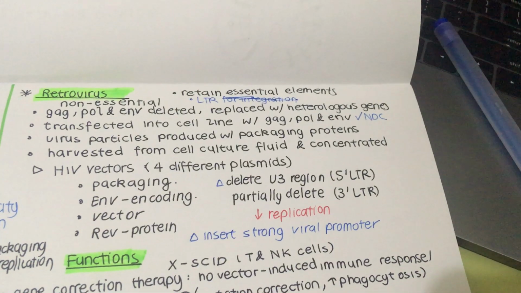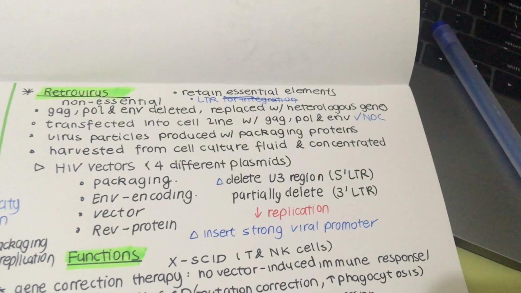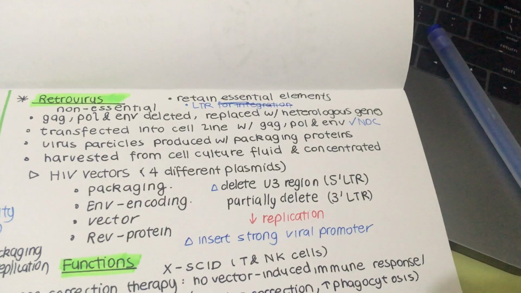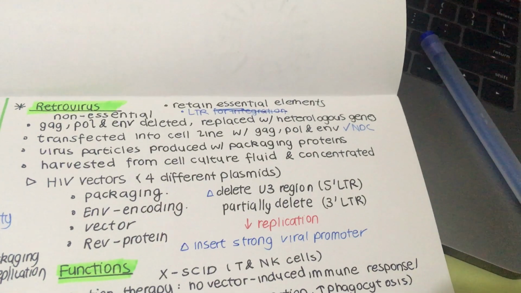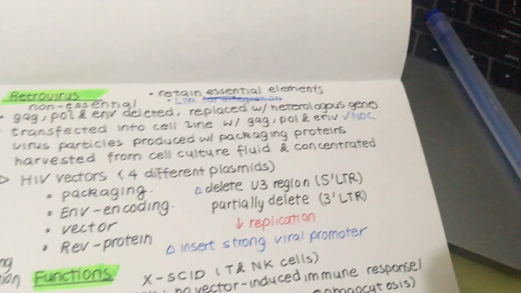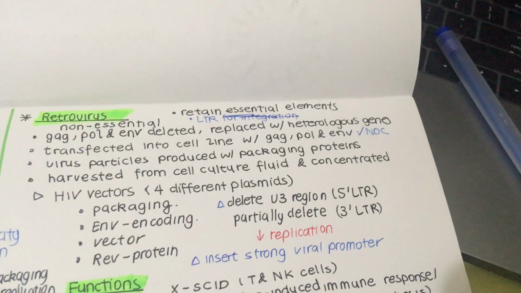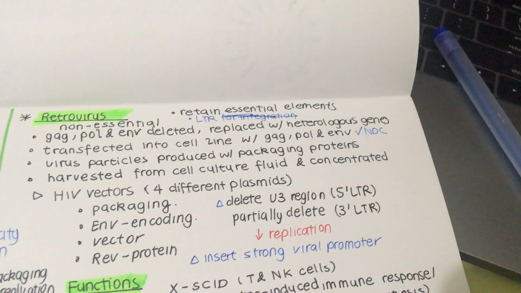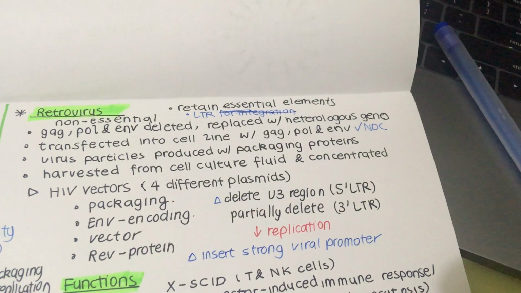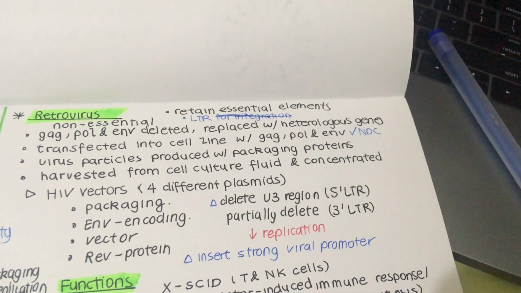But essentially you get the turning off of replication genes by deletion of integration genes, so that you don't get interference with host DNA, by deleting the 5' LTR region U3 and the 3' LTR region partially.